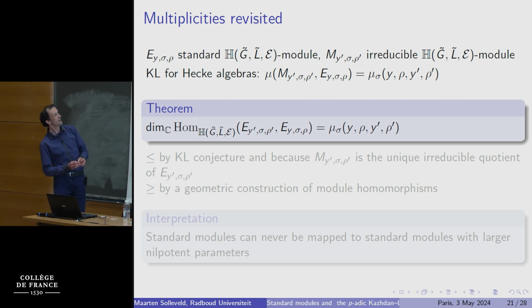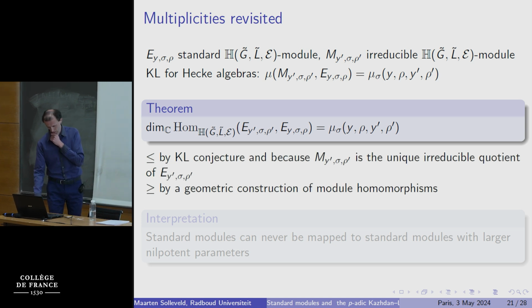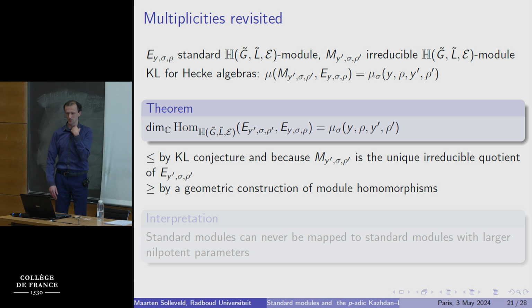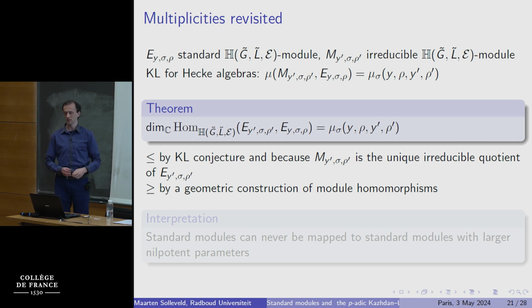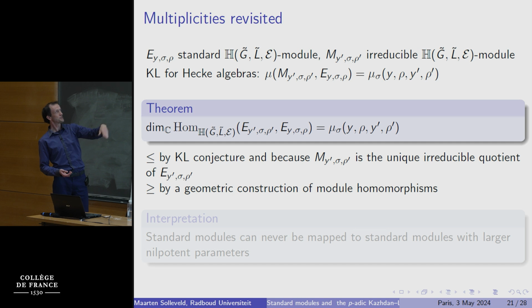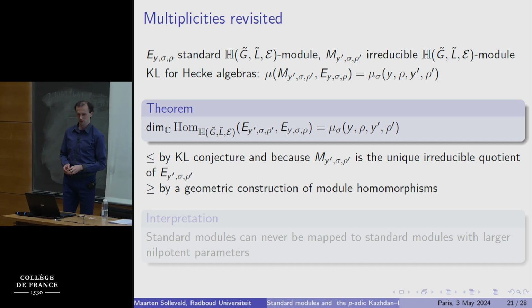And this just followed from the geometric situation. It wasn't predicted before as far as I understood, but the Kazhdan-Lusztig conjecture gave you one half of it, say one estimate, and then the other estimate is really that you must be able to produce a sufficient amount of homomorphisms of representations between two standard modules.